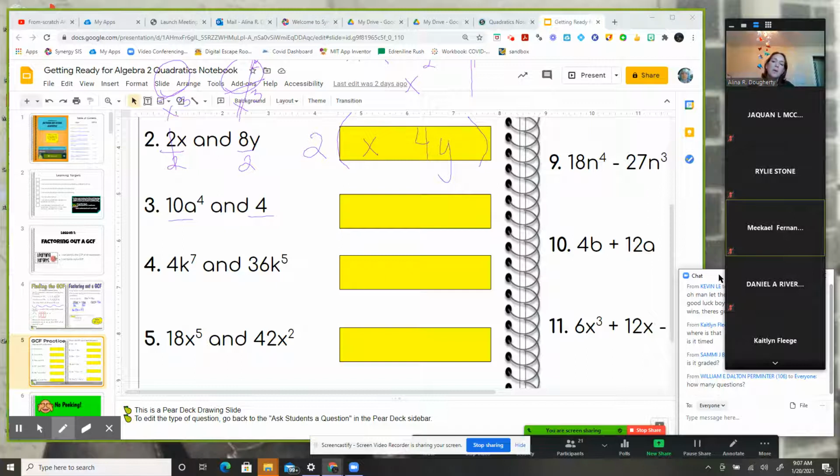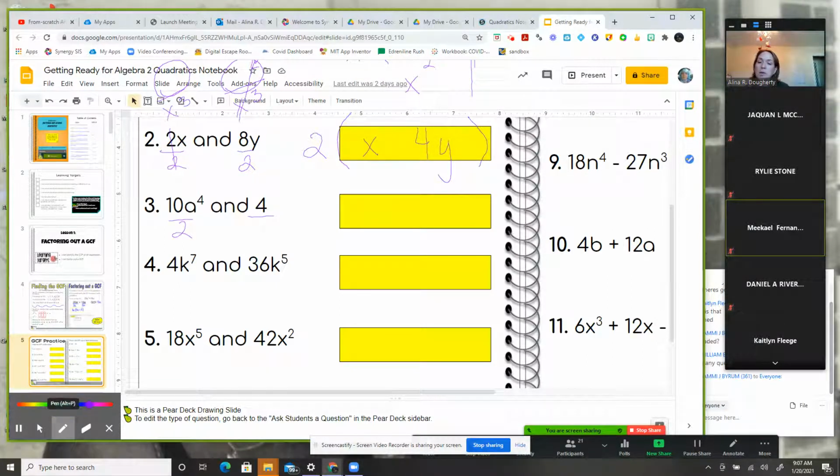What can you divide both 10a to the 4th power and 4 by? Absolutely. So if I divide both of them by 2, my 2 goes to the outside of the parentheses. 10 divided by 2 is 5. And then I've got a 2 over here.